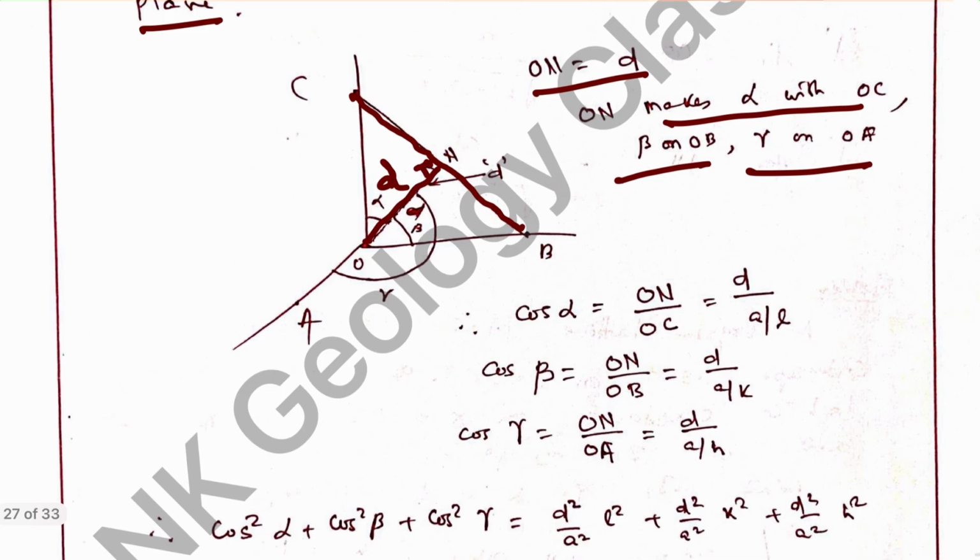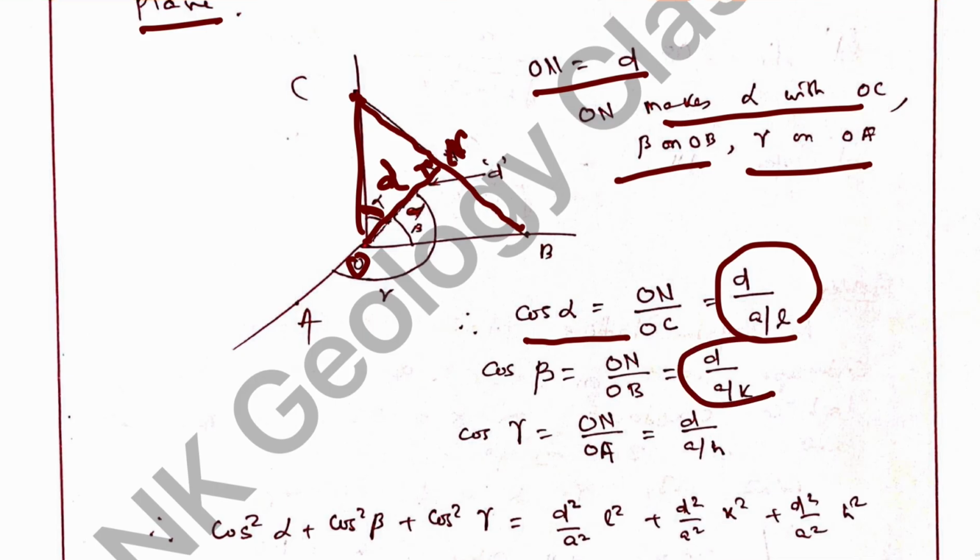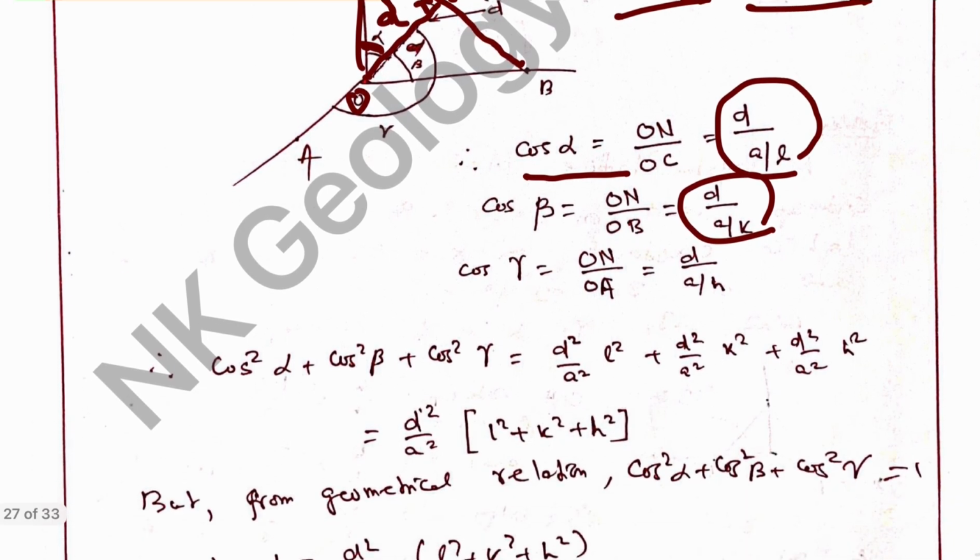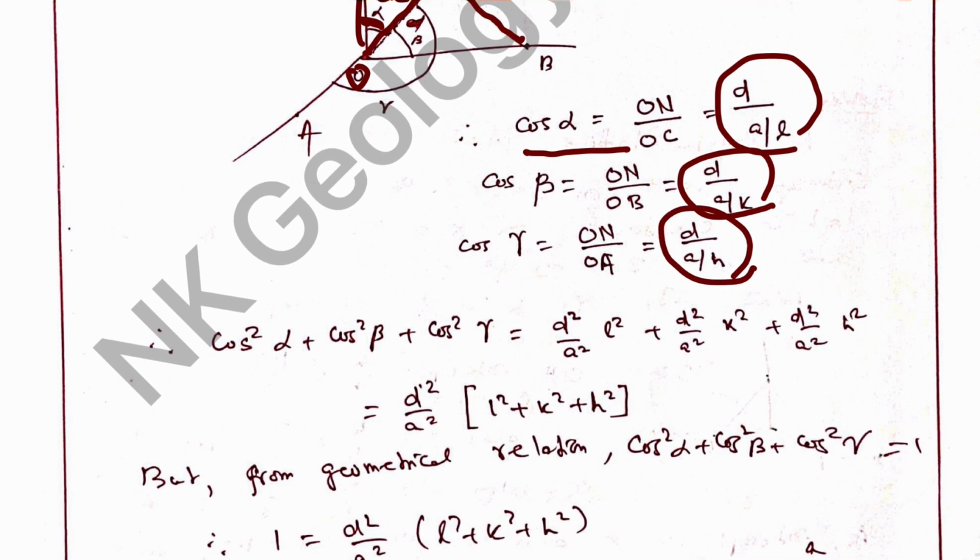If we take their cos angle, it will be ON divided by OC. This is the alpha. So it will be D by A by L. Cos beta will be D by A by K. Cos gamma will be D by A by H. If we take the squares, cos square alpha plus cos square beta plus cos square gamma, it will be D square by A square, L square plus K square plus H square.